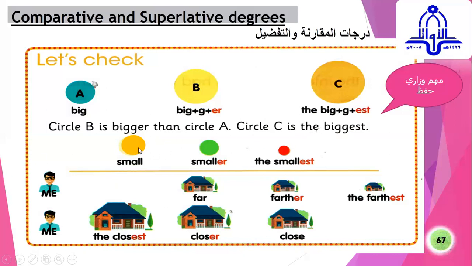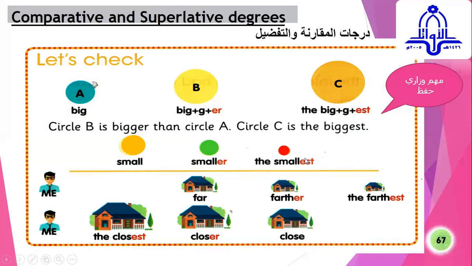We have also this circle is small. هذه الدائرة هي صغيرة. But the green one is smaller. الدائرة الخضراء أصغر. The red one is the smallest. الأصغر. The smallest. So we have small is the adjective. Smaller comparative with ER.